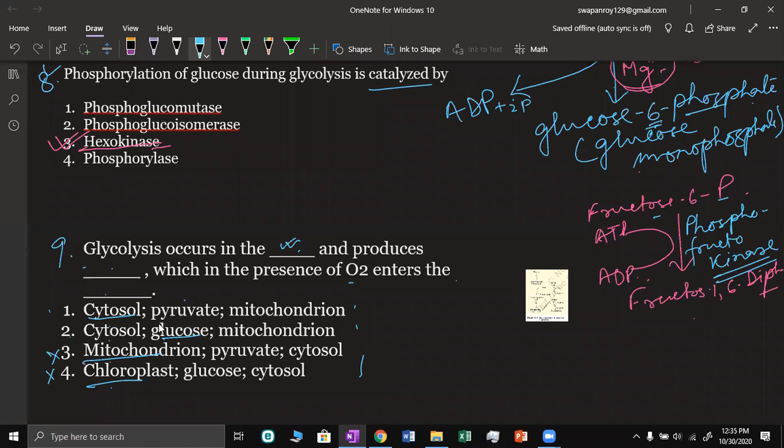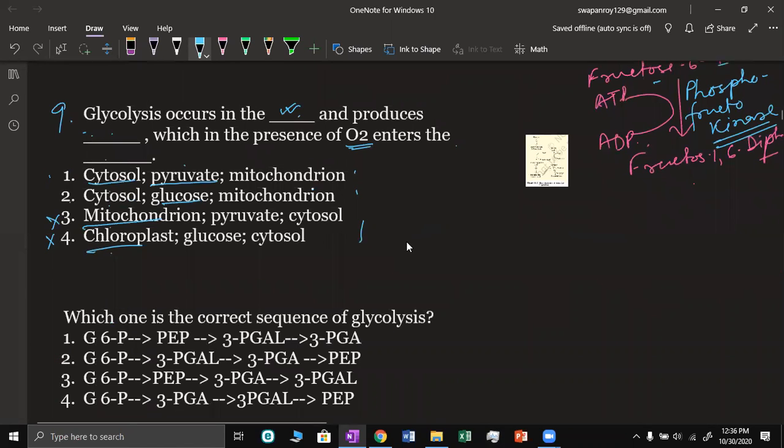So this option will be correct, that it forms pyruvate, which in the presence of oxygen, that is, if aerobic respiration is there, will enter into the mitochondria where the Krebs cycle and terminal oxidation take place. So our answer will be cytosol, pyruvate, and mitochondria. Option number one is our answer.